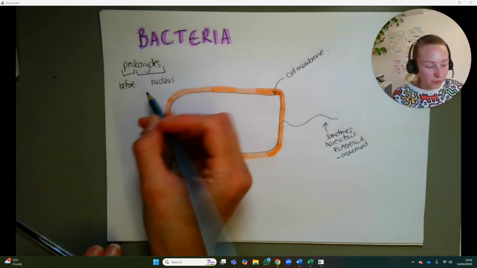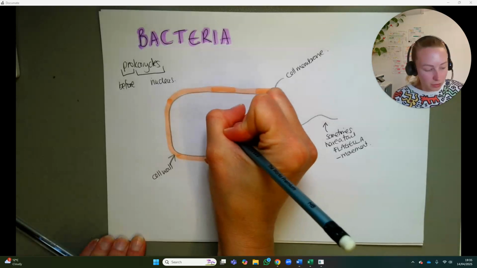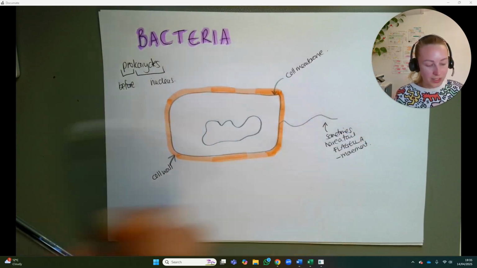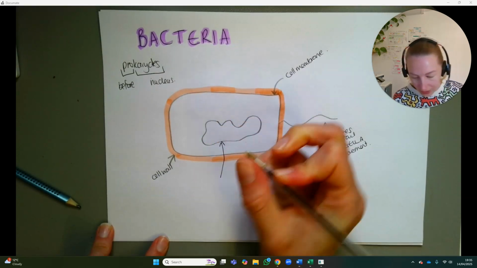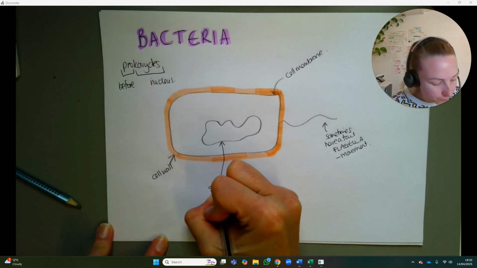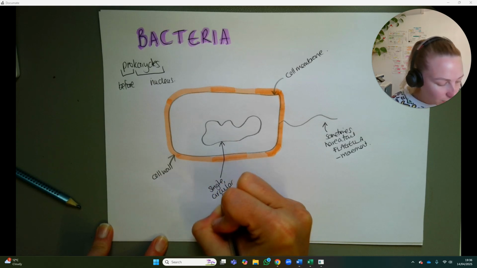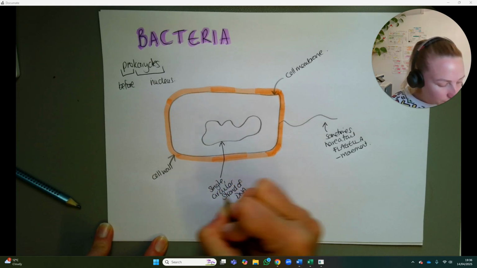The big difference, we've said no nucleus, is that instead of having DNA stored inside a nucleus, it has a piece of DNA, and this is something that you're often asked about. This piece of DNA is a single circular strand of DNA.